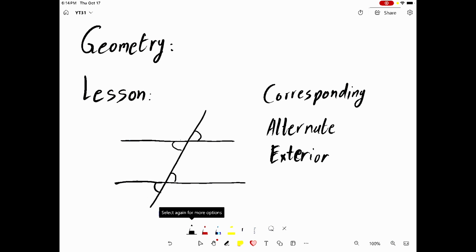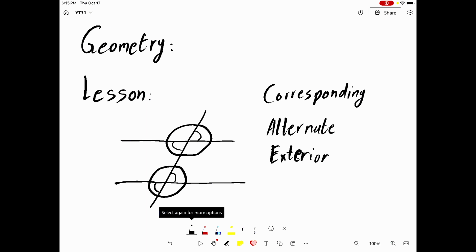So, let's start with the corresponding angle theorem. Corresponding angle means that if I have two parallel lines, the intersection kind of creates 4 parts.